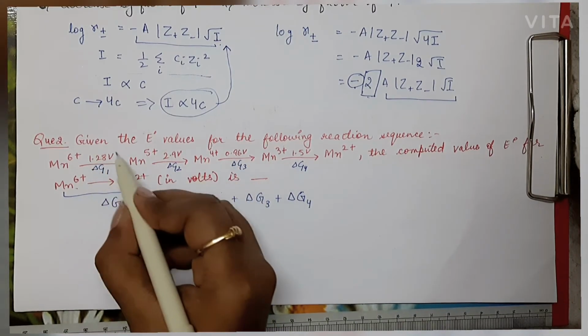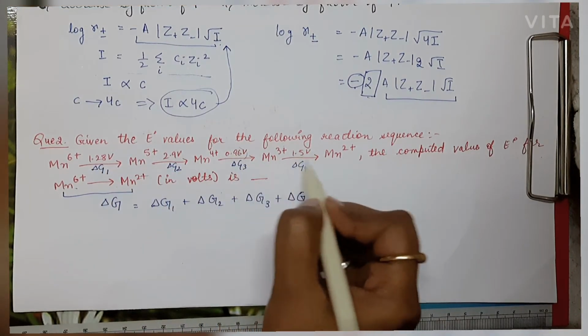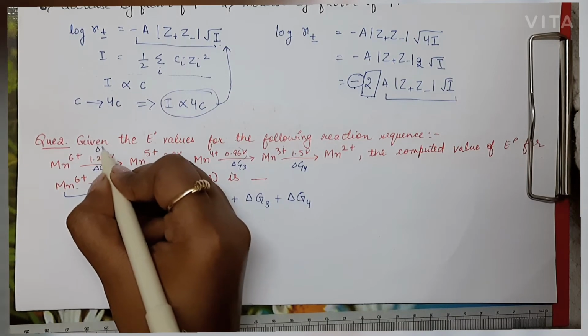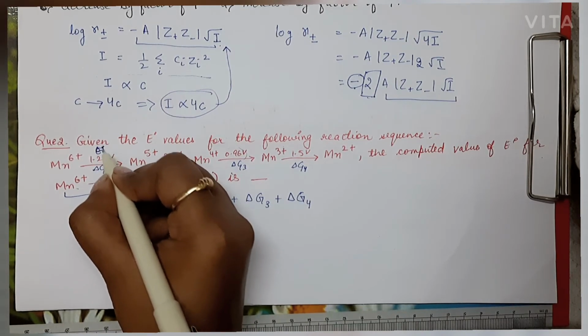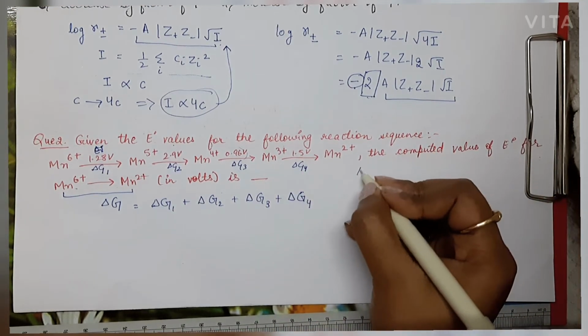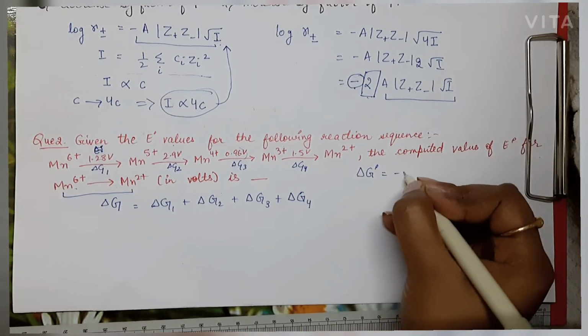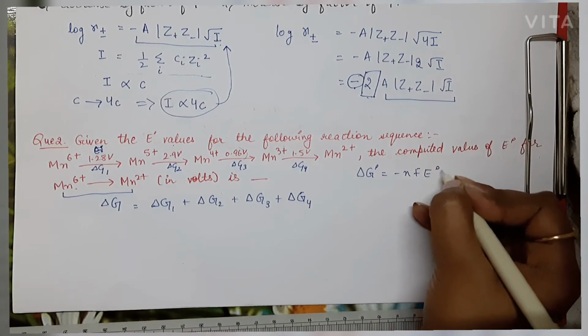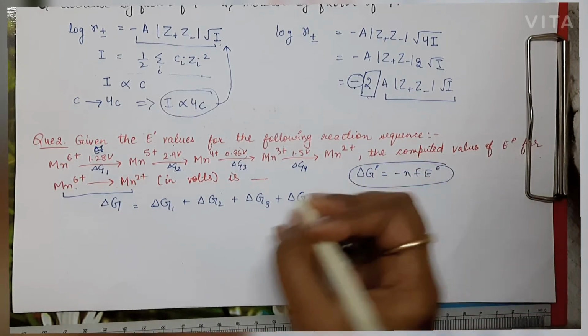Now these values are the E naught values for the given reactions, so it will be E naught 1, E naught 2, E naught 3 and E naught 4. Also we know the relation delta G naught is equal to minus nFE naught. So we are going to apply this relation here.